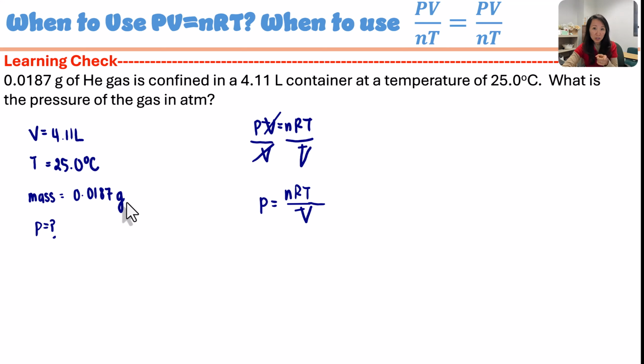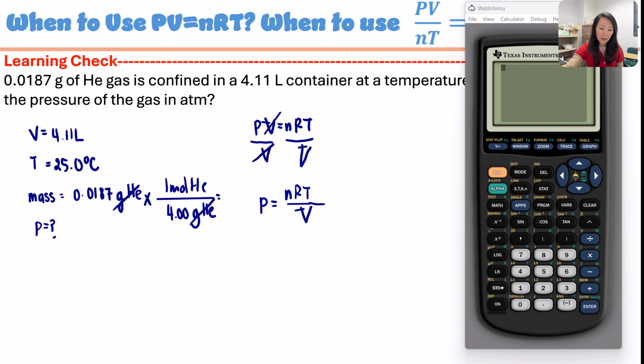And we can change that grams of helium into moles of helium by utilizing the molar mass of helium. So for every 1 mole of helium, how many grams of helium are there? According to the periodic table, there's 4.00 grams of helium. We could cancel out the grams of helium and calculate the moles this way.